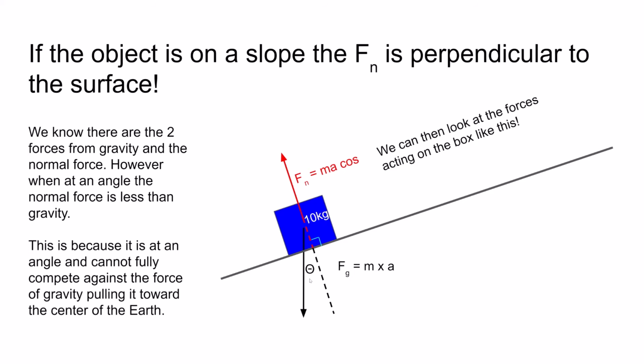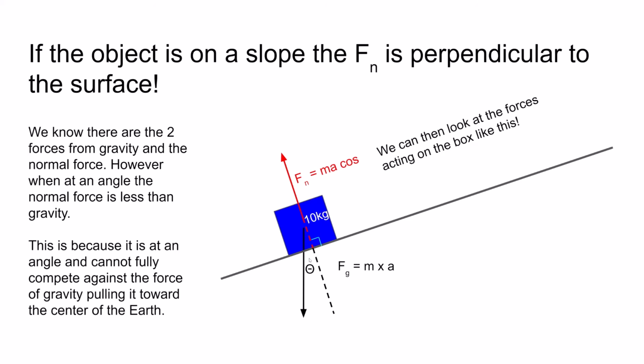Okay, but we also have to figure out what our angle is here, because when we're on an angle, the normal force is not opposing gravity fully, which is this vector right here. Remember, this vector is always toward the center of the Earth, which is not always perpendicular to the surface.